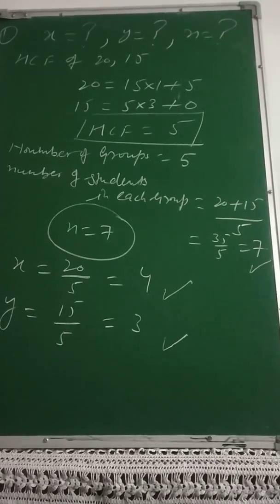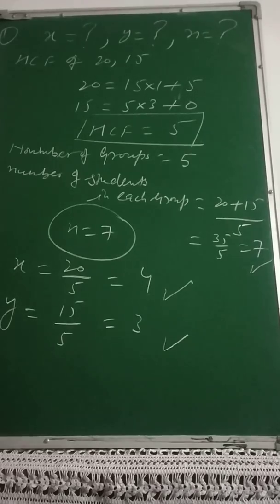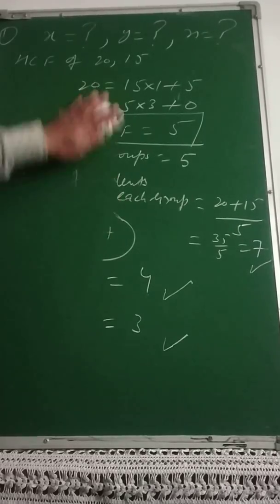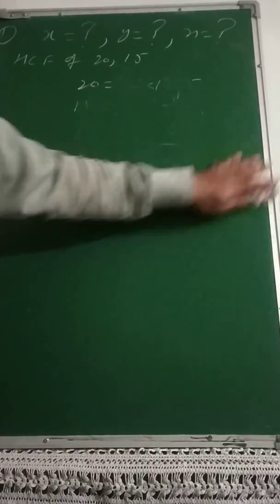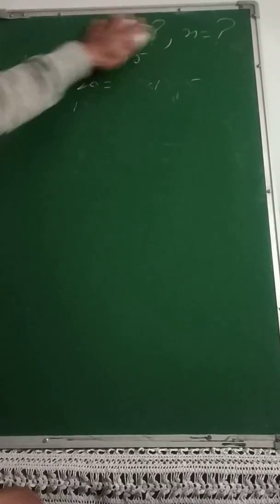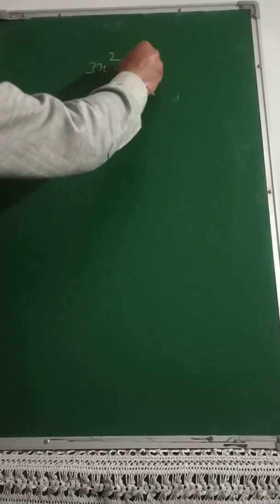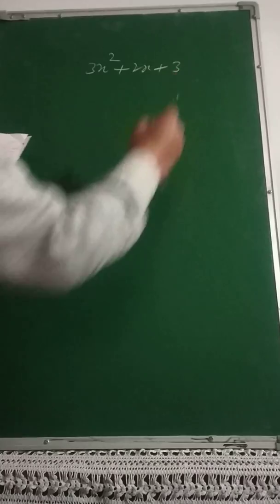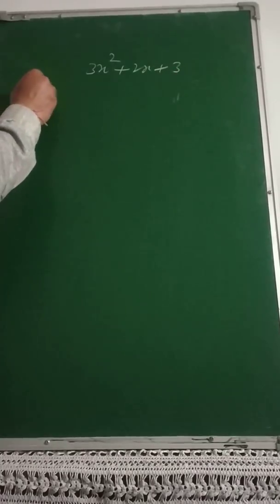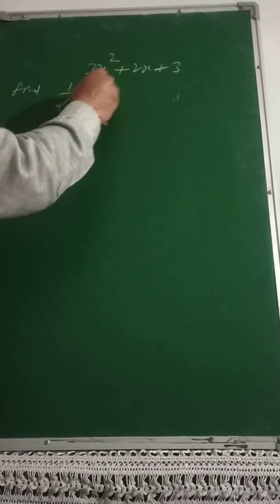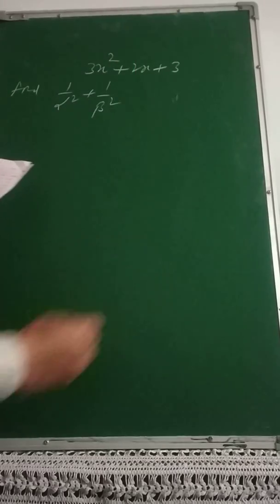Let us go to question number 2 then. If alpha and beta are the roots or zeros of the polynomial that was given, 3x square plus 2x plus 3, you need to find 1 upon alpha square plus 1 upon beta square.